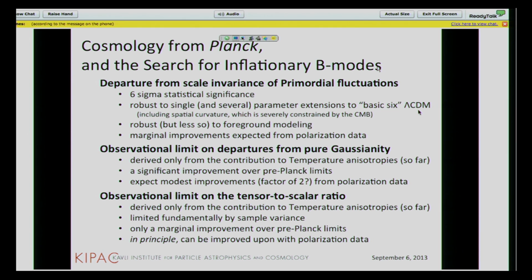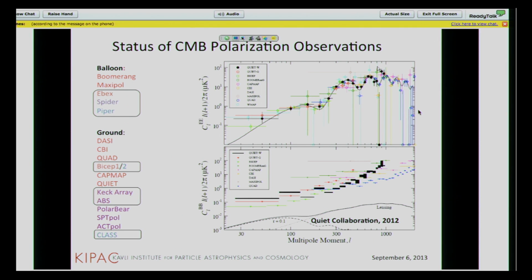In principle, it can be improved upon with polarization data, but again, that's going to be a very difficult game to play, given that Planck only has enough raw sensitivity to reach down to the largest angular scales.